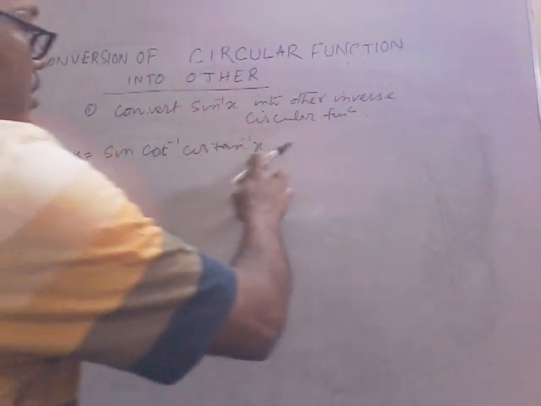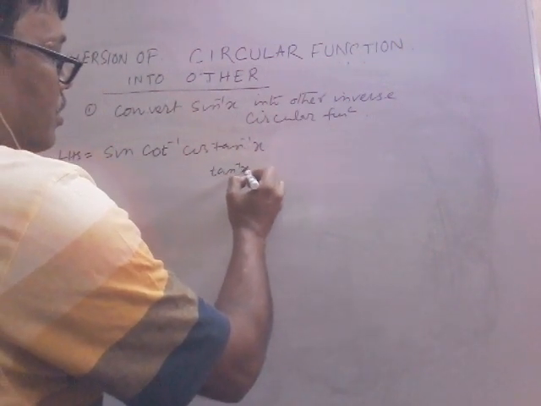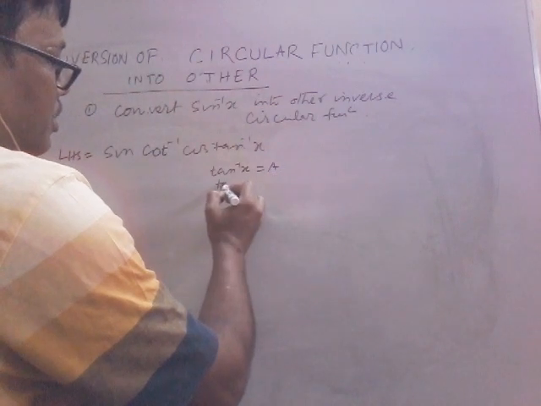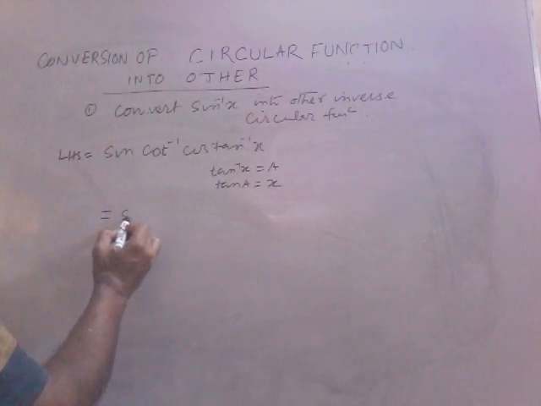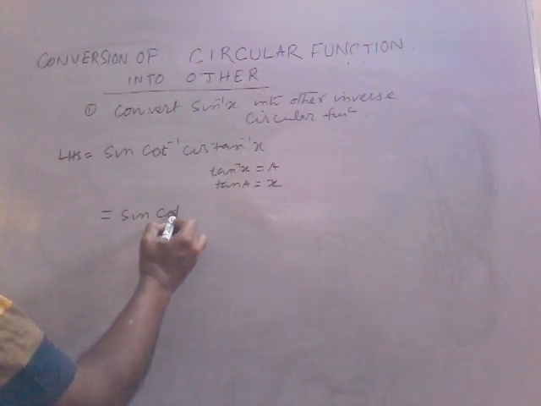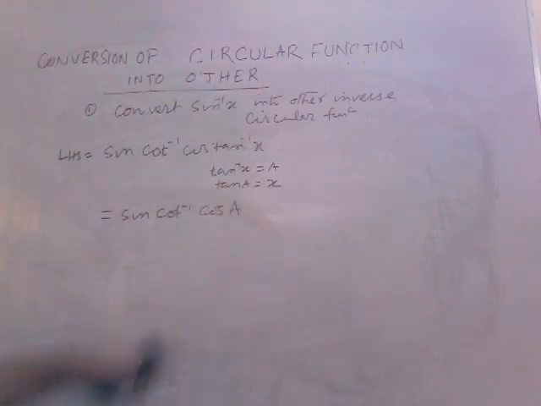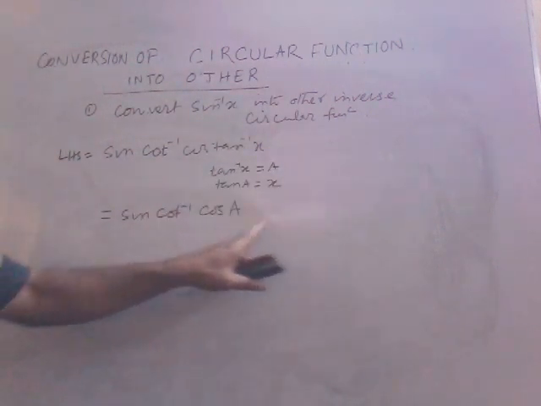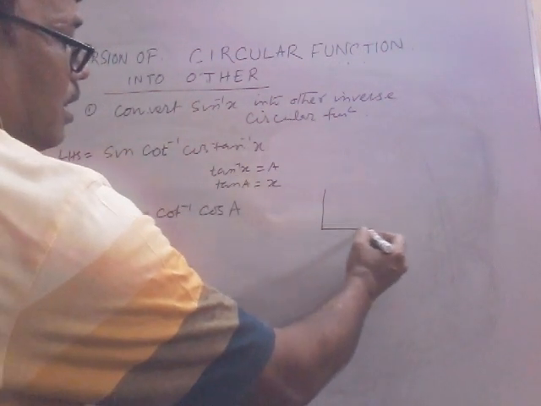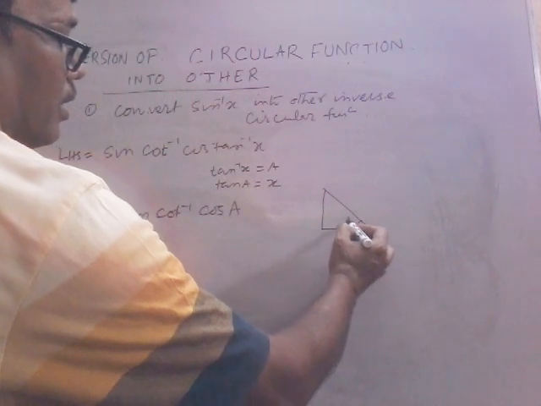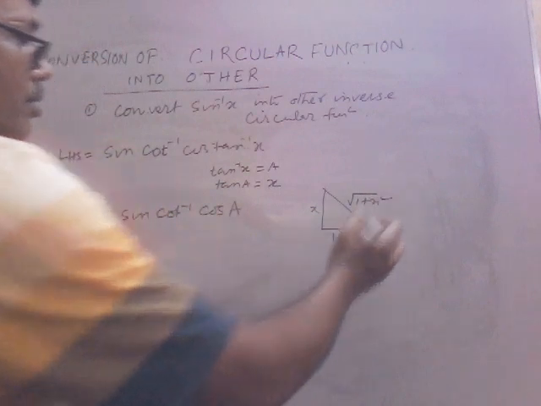What is the angle here? Tan inverse x equals A. What is tan A? Tan A is x. So sin cot inverse cos A. Now you know the value of tan A: this is x, this is 1, hypotenuse is √(1 + x²).